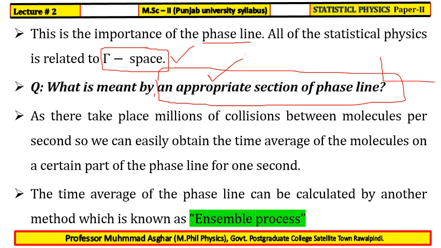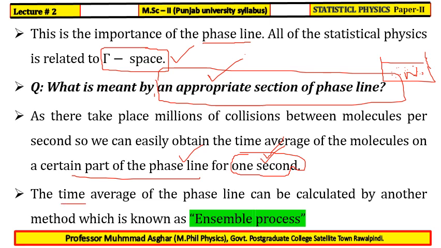If we have a gas in a container with a large number of molecules, and these molecules are colliding all the time with each other and with the container, and there are millions of collisions in 1 second, we consider all molecules on a certain part of the phase line. So this selection on a certain part of the phase line for 1 second gives us the appropriate section of the phase line.